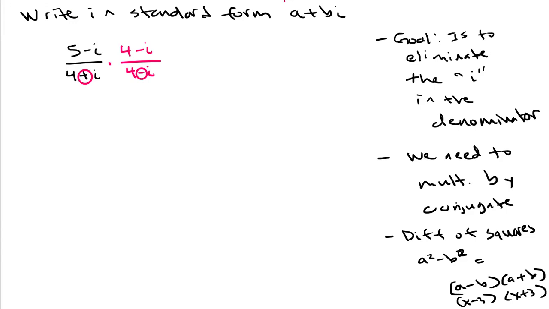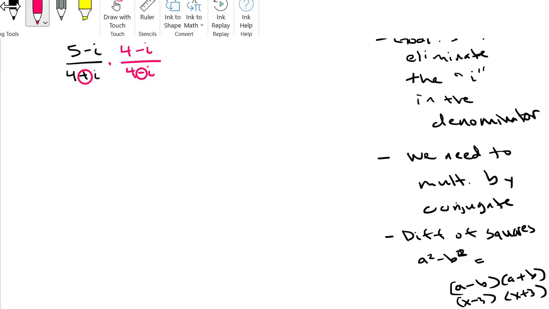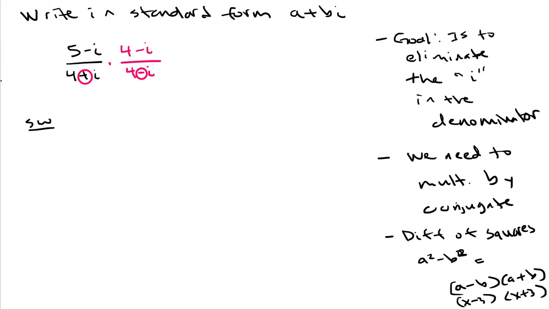Now I like to write my scratch work on the bottom, and just focus on each part. So I have the 5 minus i times 4 minus i. Then I have the 4 plus i multiplied by the 4 minus i. Then I just use FOIL, or whatever method works for you, to multiply this out.